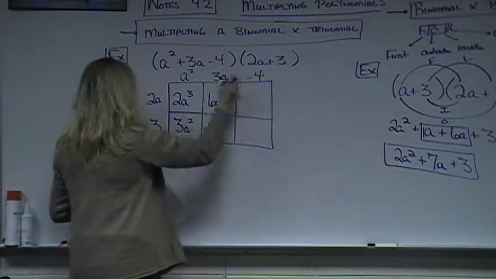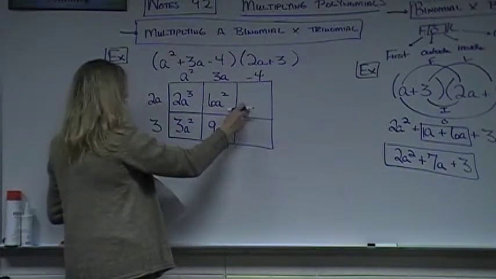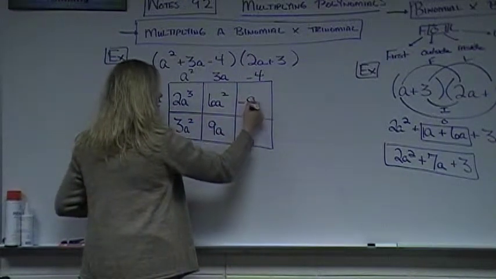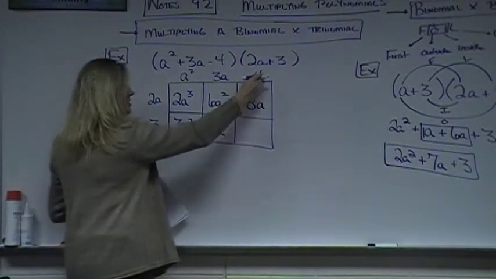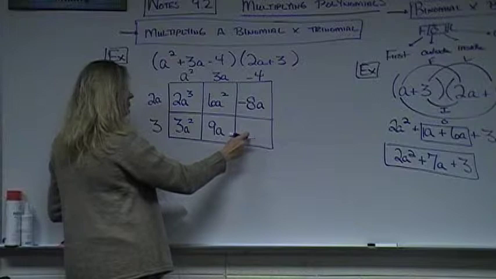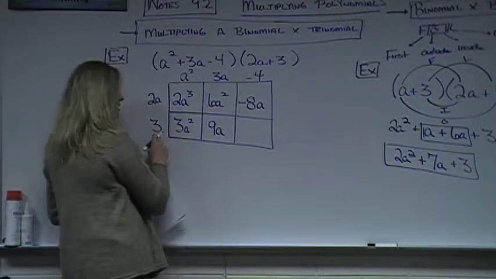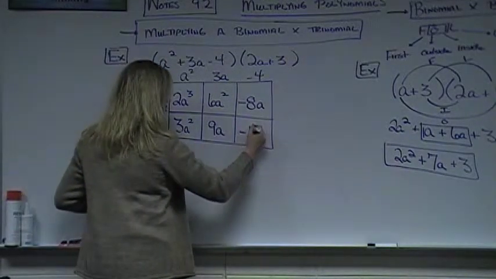And then negative 4 times 2a would go here, so that's negative 8a. And then lastly, this times this would be this square here. So negative 4 times 3 is negative 12.